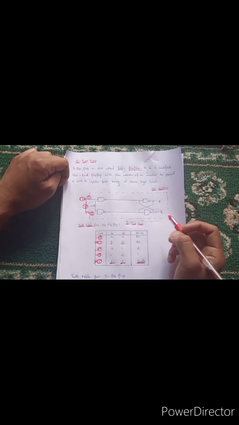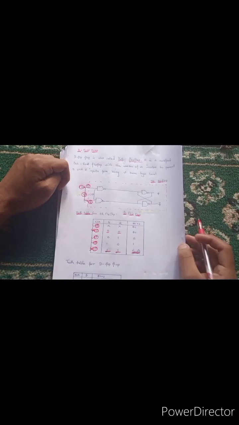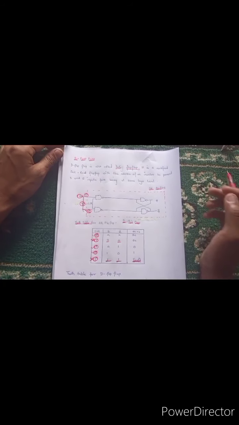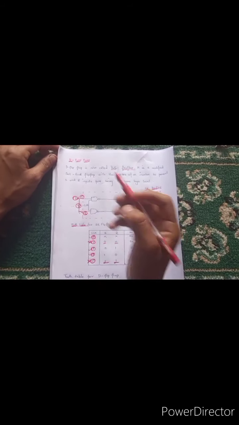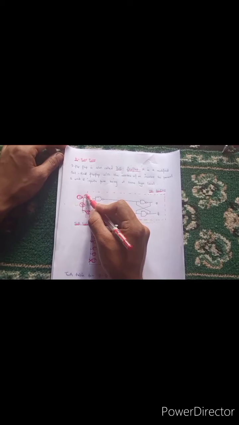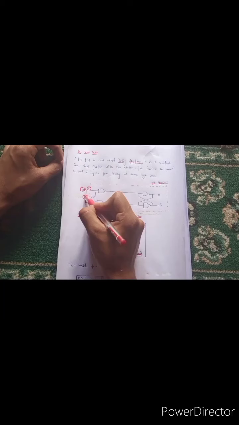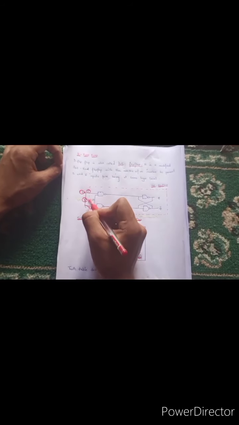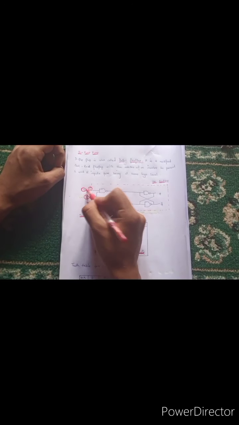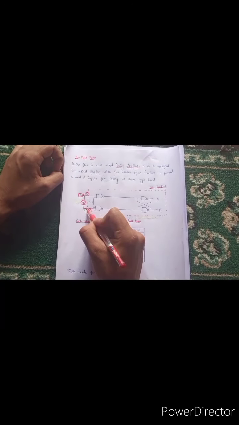D flip-flop is obtained from SR flip-flop by combining the two inputs S and R. We can make one input D by combining both inputs S and R. Here we have connected a NOT gate between S and R. It means if we give 1 here, this input becomes 0.